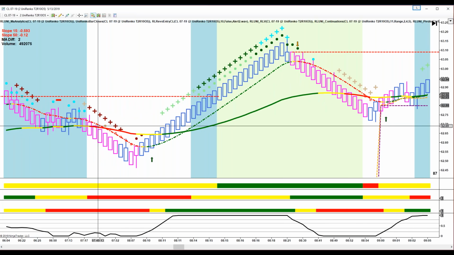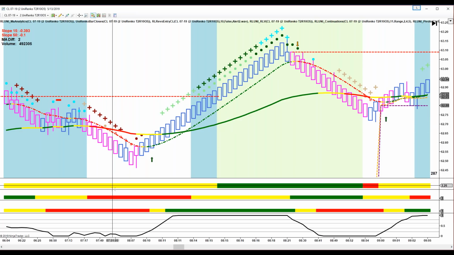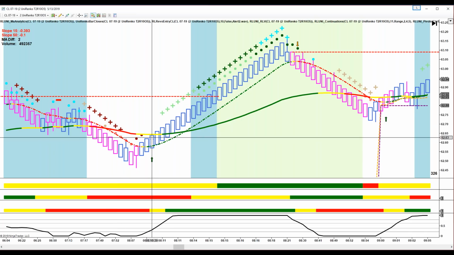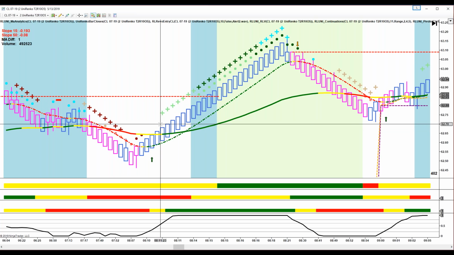And here's the same thing. Here's this clear period, no multi-time frame alignment, and you don't have that triple alignment. So you can't trade it. So you're going to stay out of all of the losing setups.